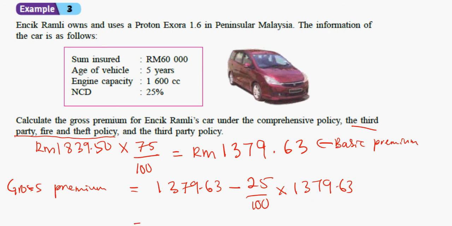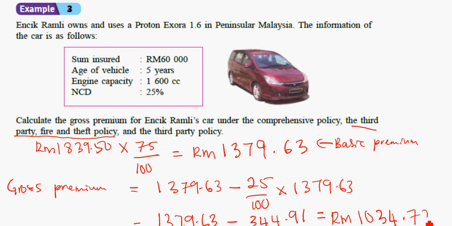So you calculate 1379.63 times 25 per 100, which is 344.91. So 1379.63 minus 344.91 equals 1,034 ringgit 72 cent.